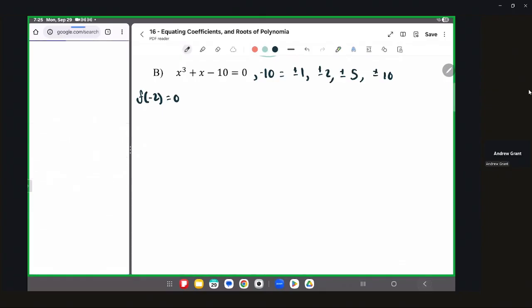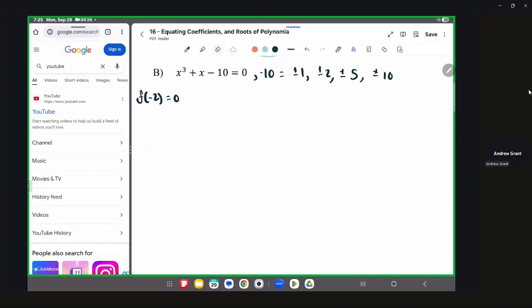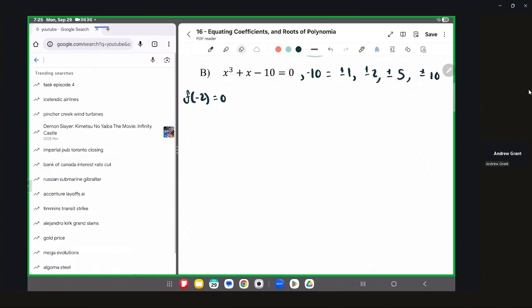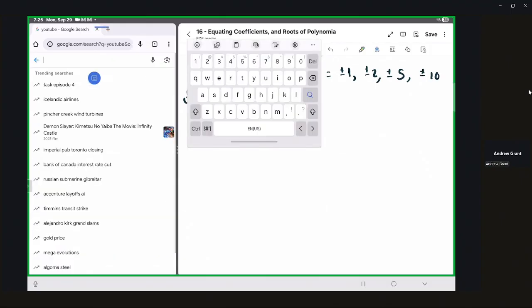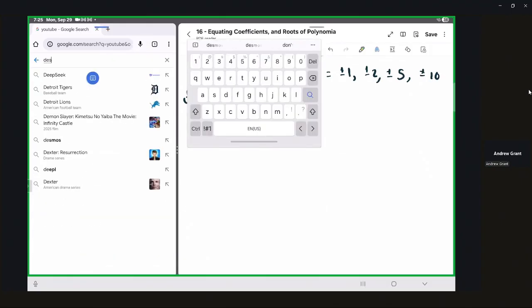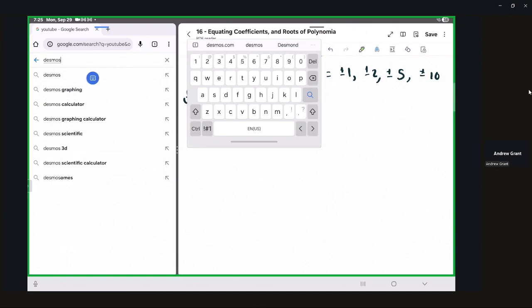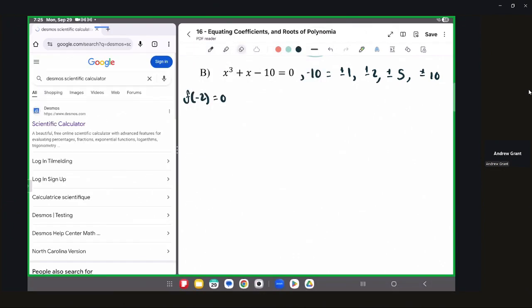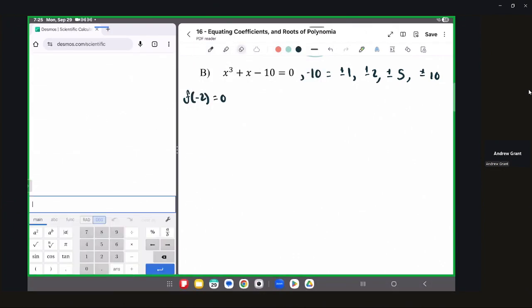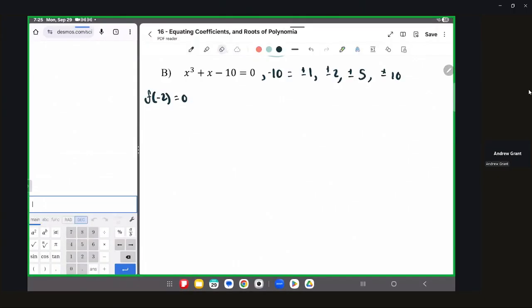Let me use the Desmos scientific calculator. That ended up equaling negative 20.